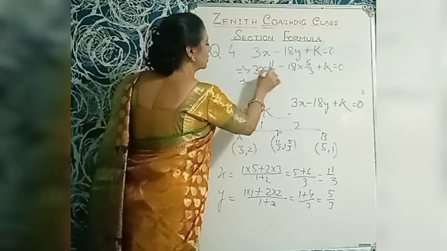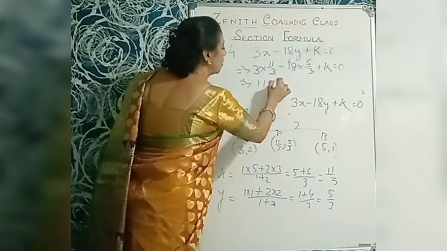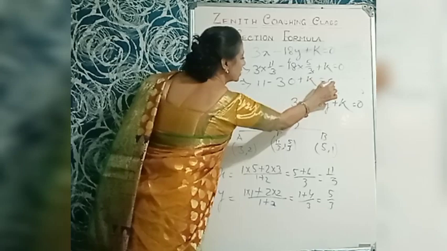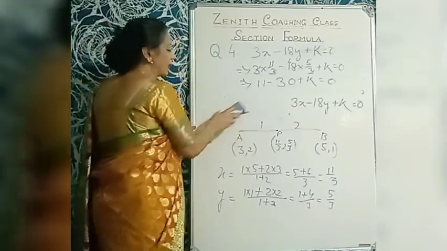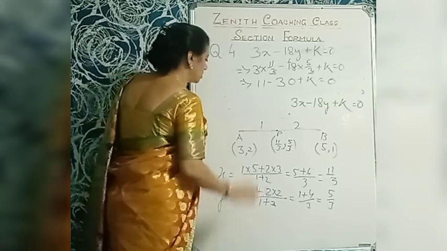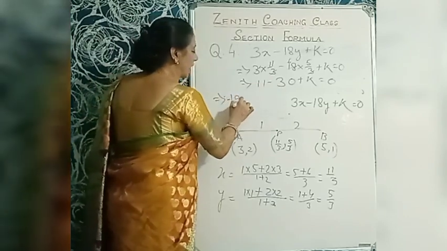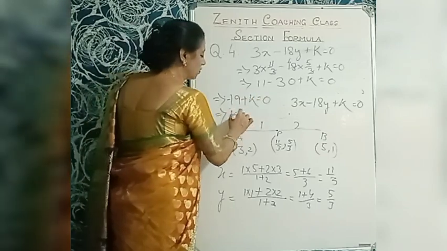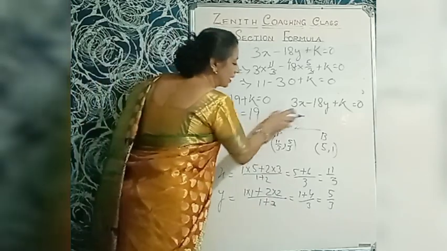Okay, so cancel 3, now 11 here minus cancel 3, that is 6, 30. Then 11 minus 30 is minus 19. So minus 19 plus k equals 0. So k equals 19. Okay, so the value of k equals 19.